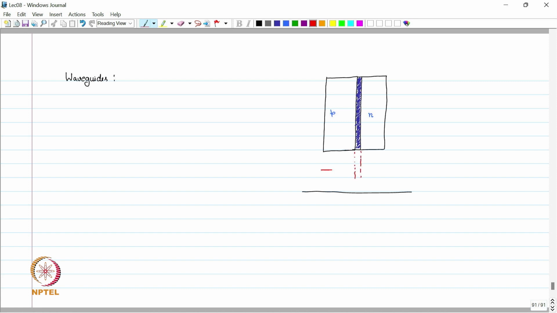So this is the refractive index. In this region the refractive index will be different because this material does not have any charged particles.